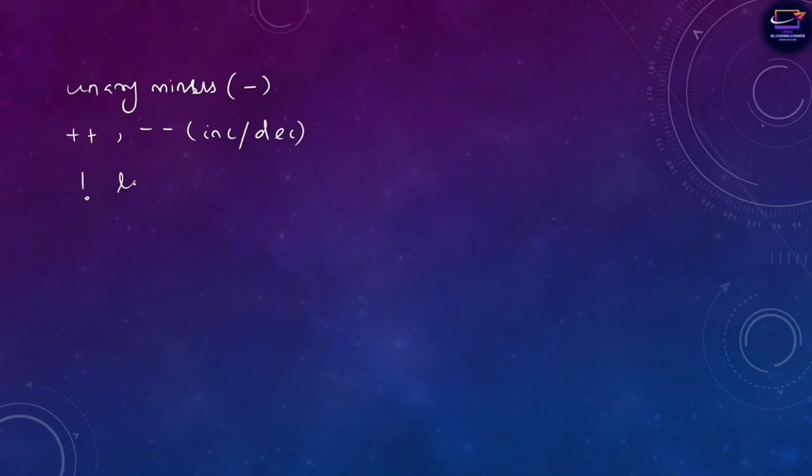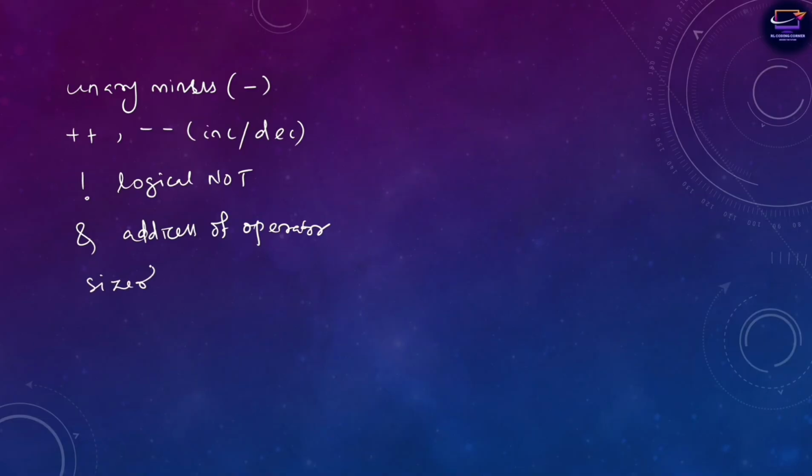Next we have the logical not operator. These are their symbols. Next here is ampersand, that is the address of operator. And the last one is the sizeof operator. So these are some unary operators. These operators require only one operand. Now what is this unary minus?